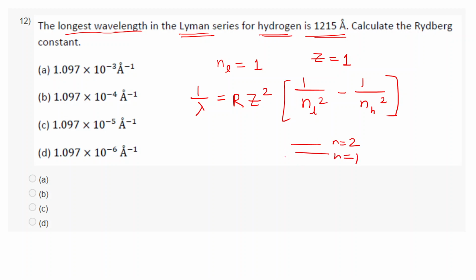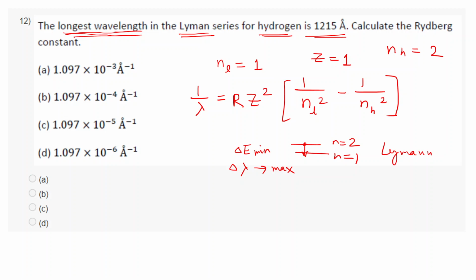Then the energy difference is minimum and the wavelength that goes out will be maximum for the Lyman series. That means this longest wavelength condition tells us that the upper level is 2 and the lower level is 1.